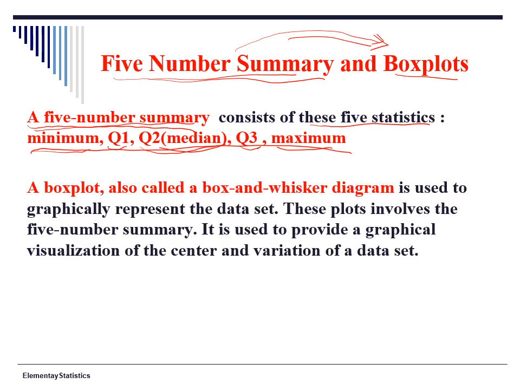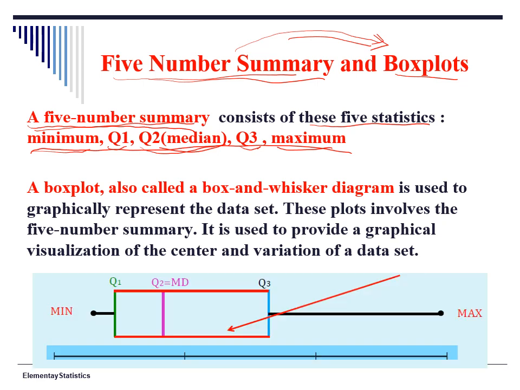Now, by using them, we can make a box plot, and the box plot is something like this. You put the minimum value and the maximum value, and Q1 here, then Q2 here, and then Q3 here. You draw a line and place the 5-number summary on it.